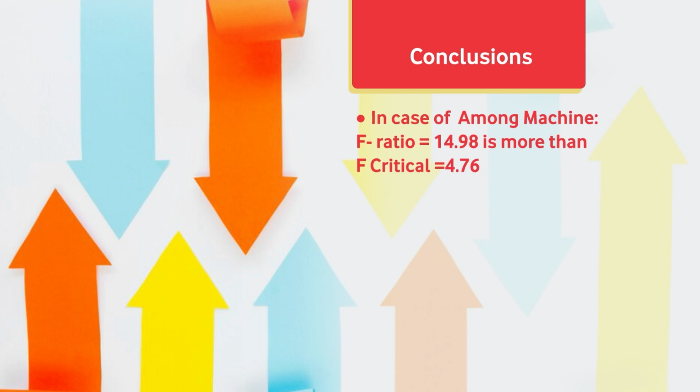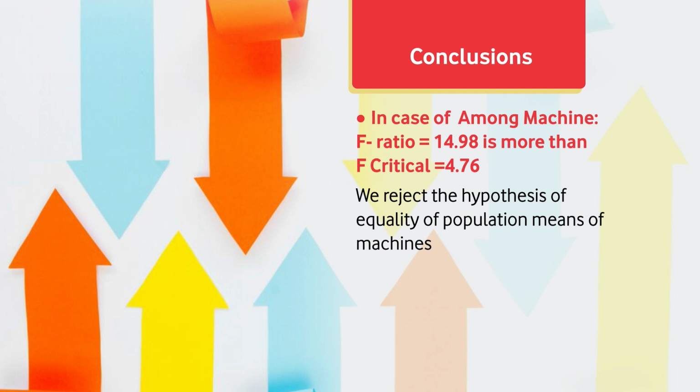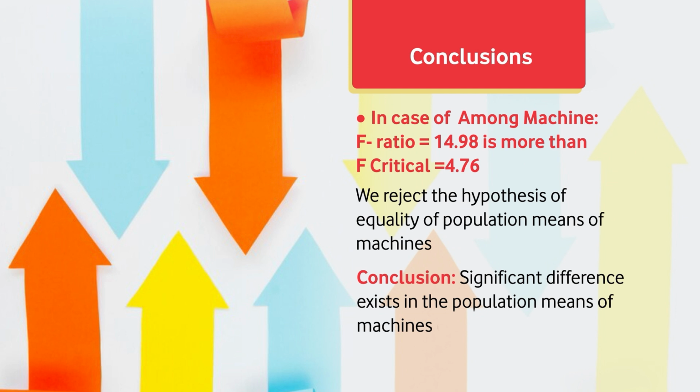In case of among machines, the F ratio was 14.98, which is more than the F critical value which we get from the table, 4.76. So here also we reject the null hypothesis of the equality of the population means of the machines, and conclude that there is a significant difference between the population means of the machines. So in this case, both the null hypotheses are rejected.